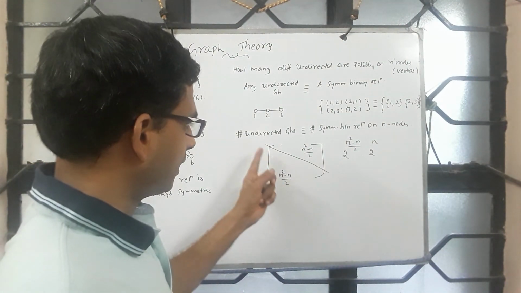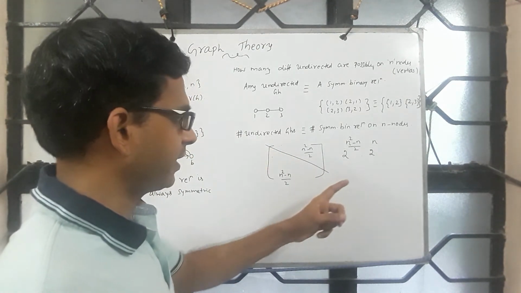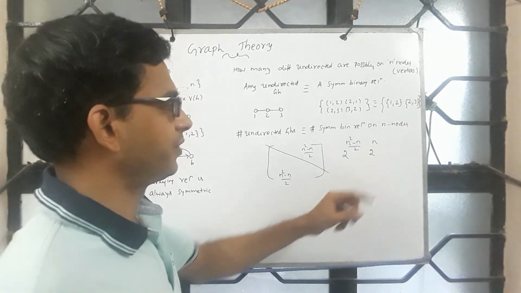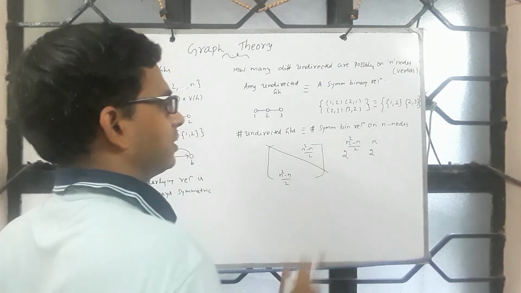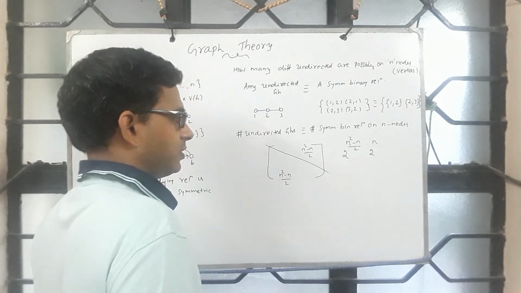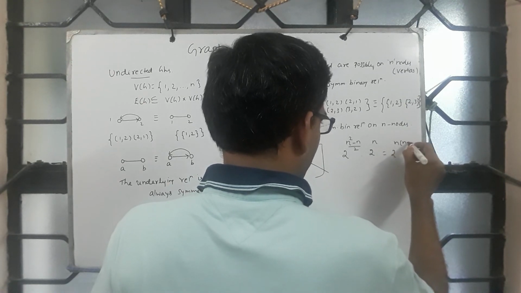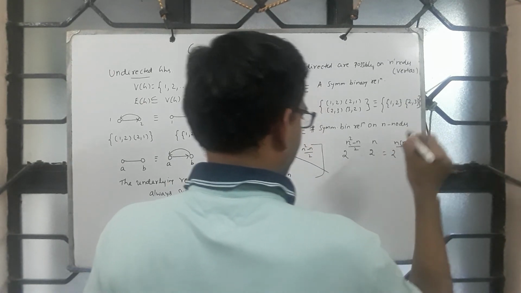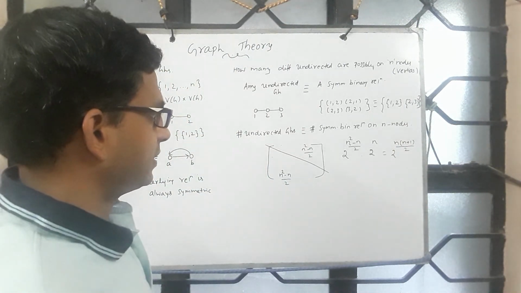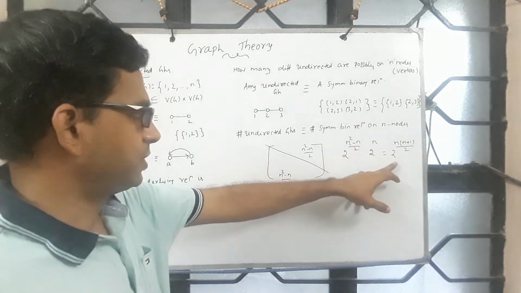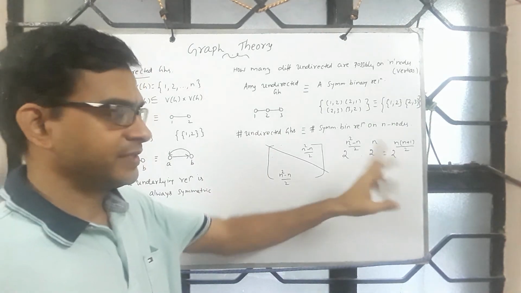And with that I can attach any subset from the diagonal. That number is 2 power n. So the number of symmetric binary relations on n nodes is so much. And so that shows that this one is 2 power n into n plus 1 by 2. Okay. So the number of symmetric binary relations is this much. So the number of undirected graphs on n nodes is precisely this number.